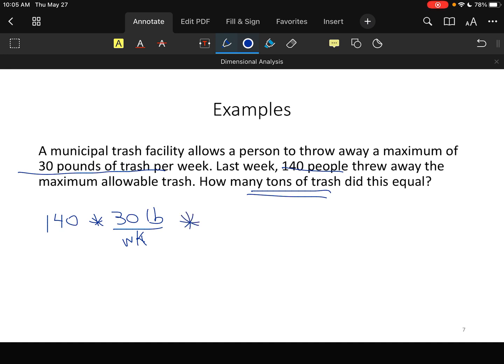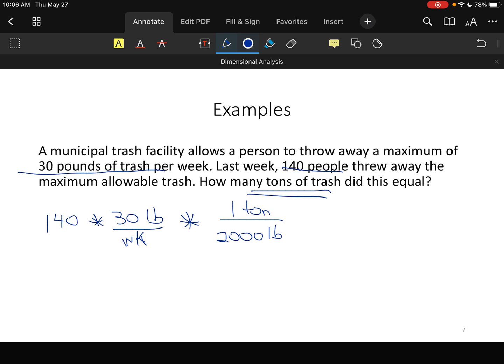Now we know that, again, if you don't know the conversions, it's in that table, maybe 3 or 4 slides back. So you can always pause or print out the notes and just have the conversion factors in front of you. All right, we know that 2,000 pounds equals 1 ton.